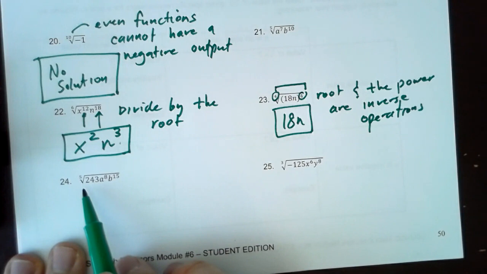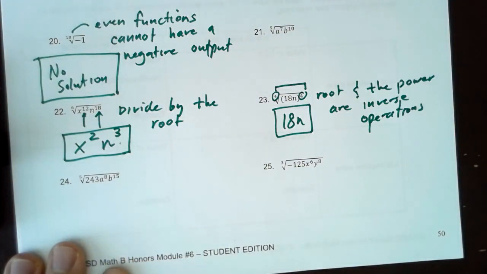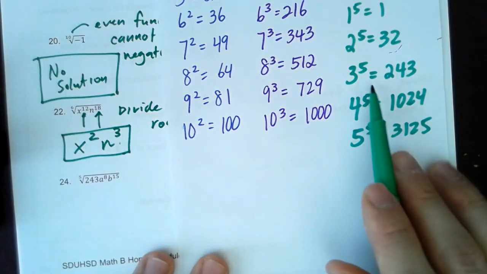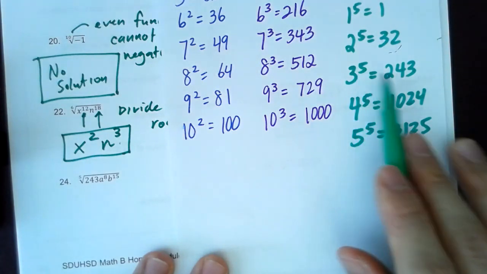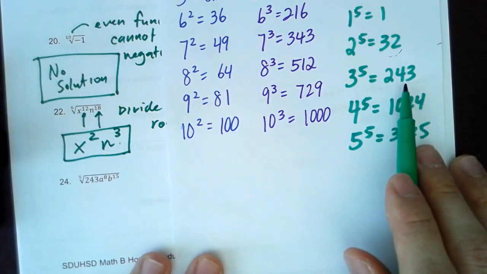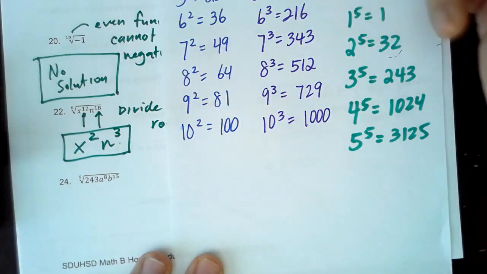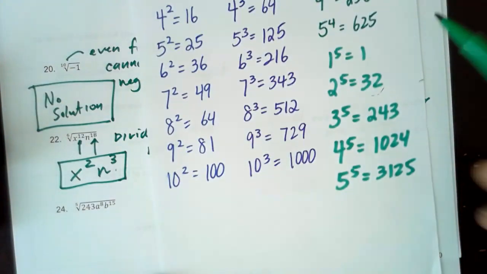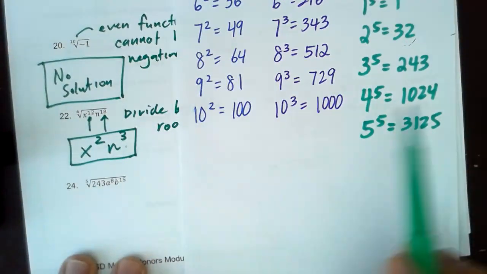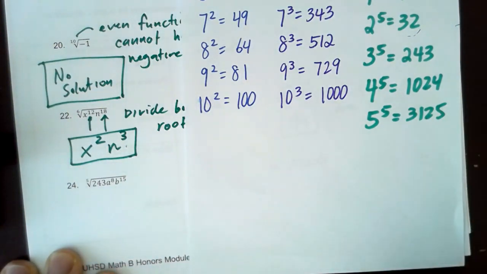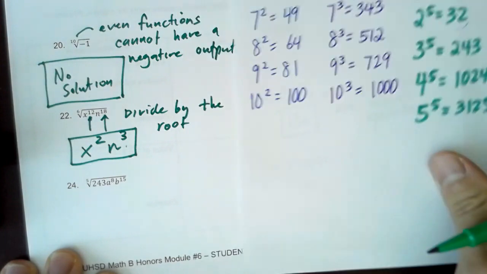24, we have the fifth root of 243. Now, again, I have a list right here. 3 to the fifth power is 243. So it's really, really helpful, almost essential that you have the perfect 5s or the perfect 4s or the perfect 3s written down, ready to go, because you want to know, is 243 even a perfect fifth power?